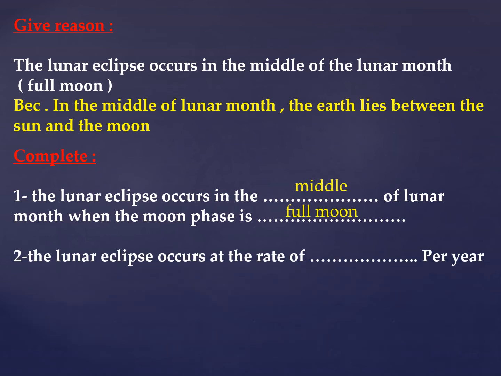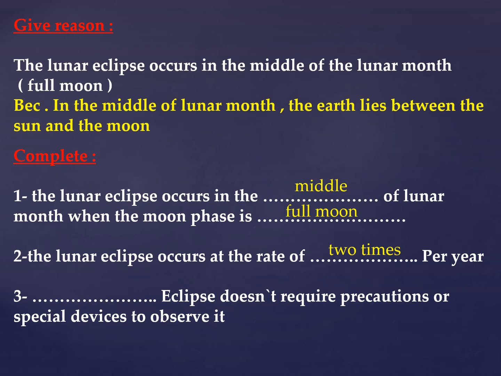Number 2. The lunar eclipse occurs at the rate of blank per year. The lunar eclipse occurs at the rate of 2 times per year. Number 3. Blank eclipse doesn't require precautions or special devices to observe it.